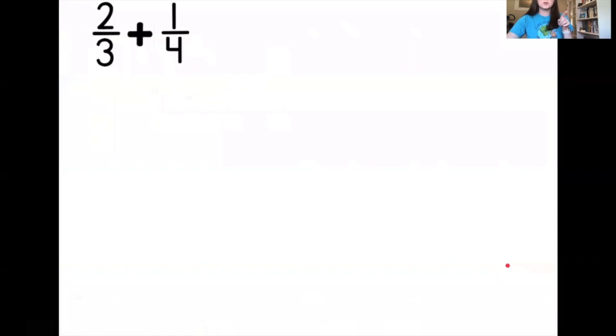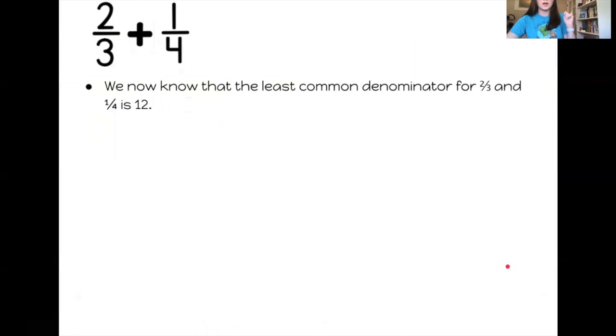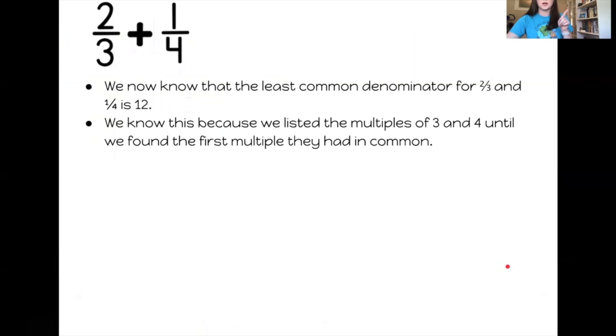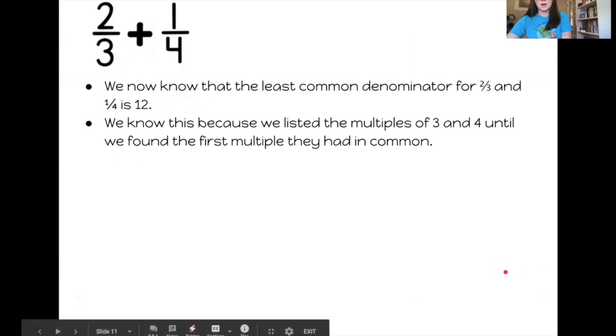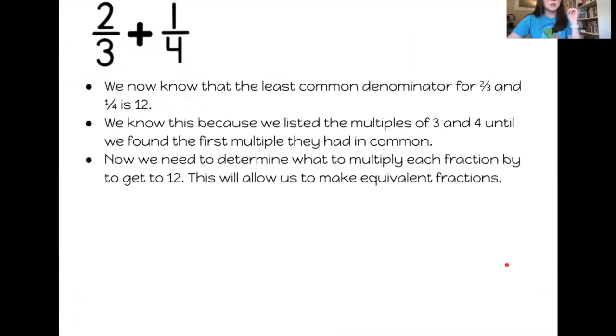So we're going to take 2/3 plus 1/4, and right now we know that the least common denominator for these two fractions is 12 because we just did that. We know this because we listed the multiples of 3 and 4 until we found the first multiple they had in common. Are you following along? I hope so.